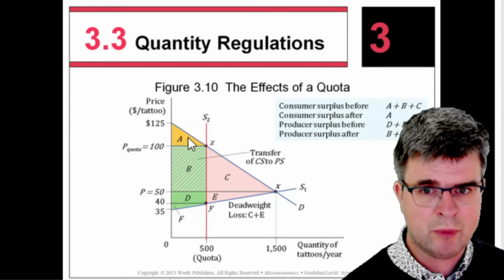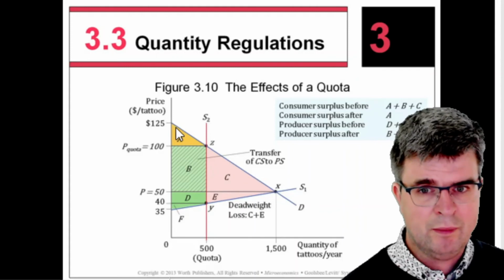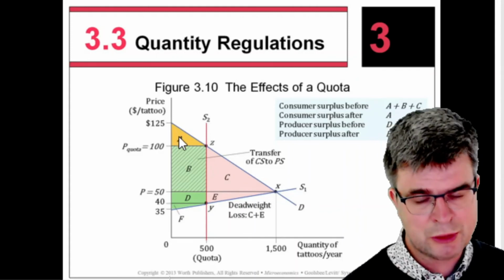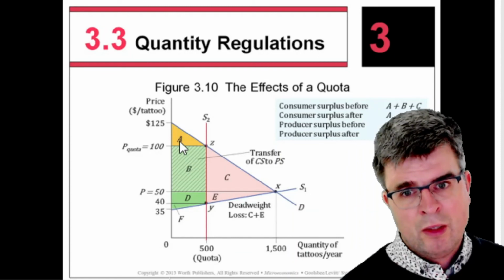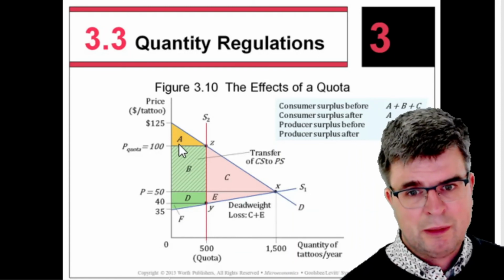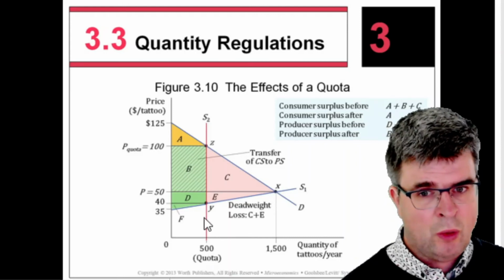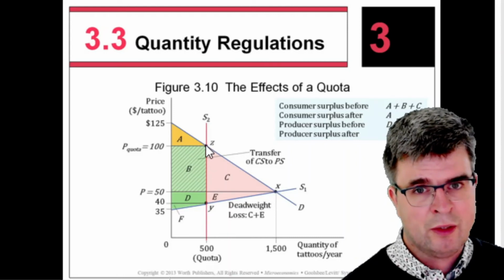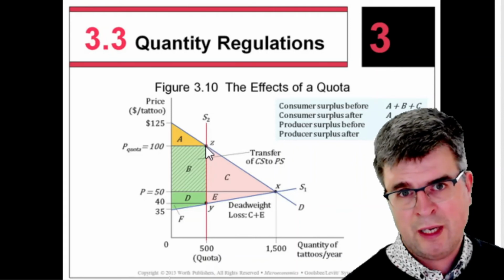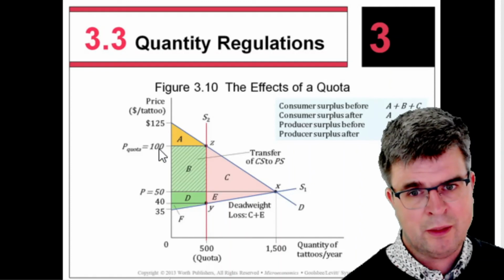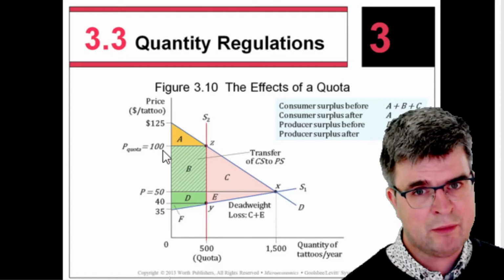So in the end, we will think that the 500 tattoos will end up with the consumers willing to pay most. But their surplus will be quite low because only 500 tattoos are available. So that creates a situation of scarcity, and that will lead to a very high equilibrium price.